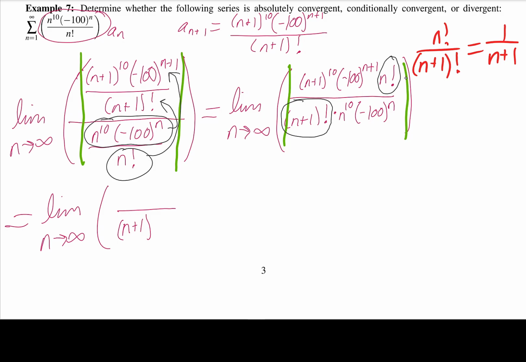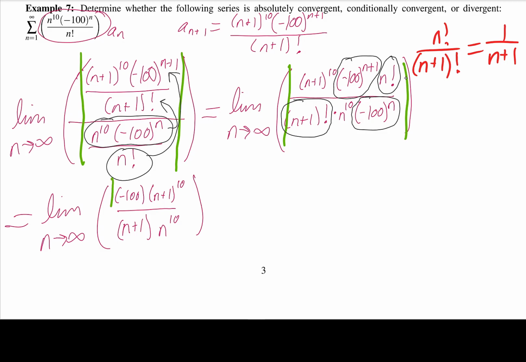Well, then I've got a negative 100 to the n plus 1 on top, and a negative 100 to the n on bottom. So that'll leave me with a negative 100 on top. And then I'll have n plus 1 to the 10th on top, and an n to the 10th on bottom.